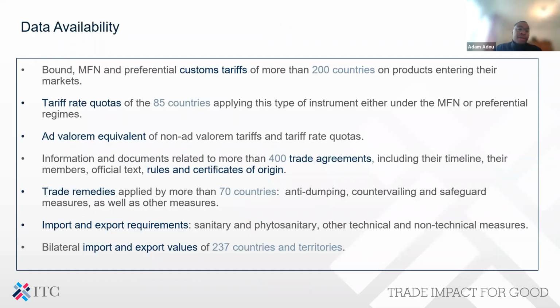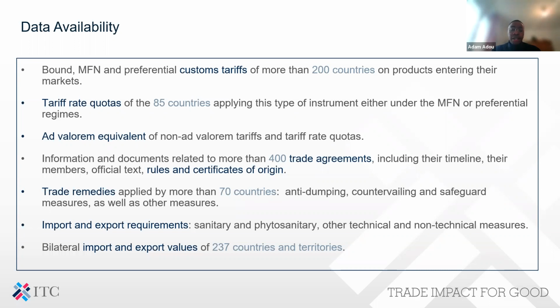In terms of data availability, we have data on market access for more than 200 countries. We also have data regarding tariff quota, ad valorem equivalents that are computed in order to be able to compare tariffs between themselves.